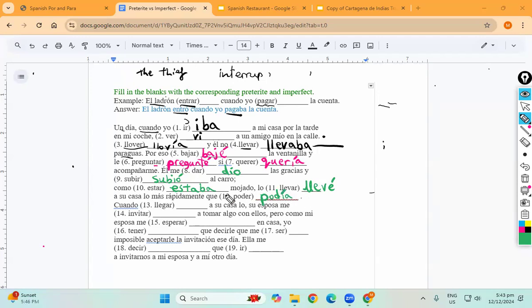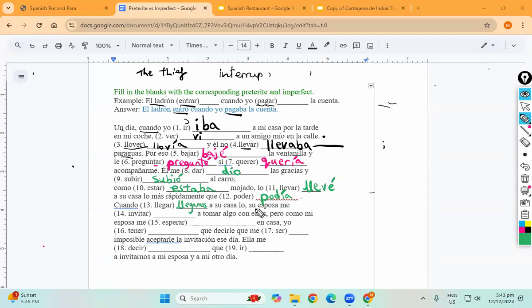Right? All right. When we arrived, so cuando llegamos, right? Present tense, because we only arrived that one time. So cuando llegamos a su casa.